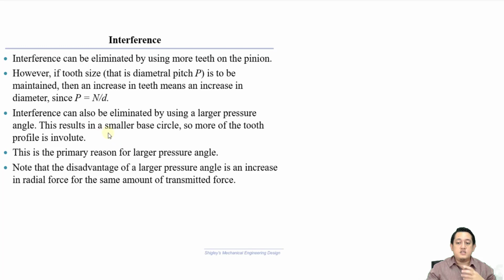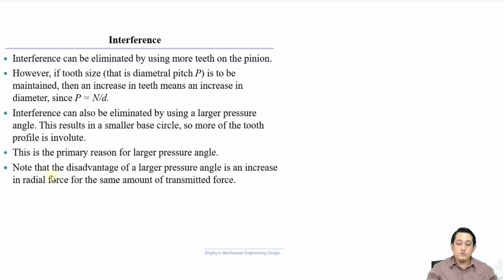This results in a smaller base circle, so more of the tooth profile is involute. This is the primary reason for a larger pressure angle. When we want a smaller base circle, we can use a larger pressure angle.